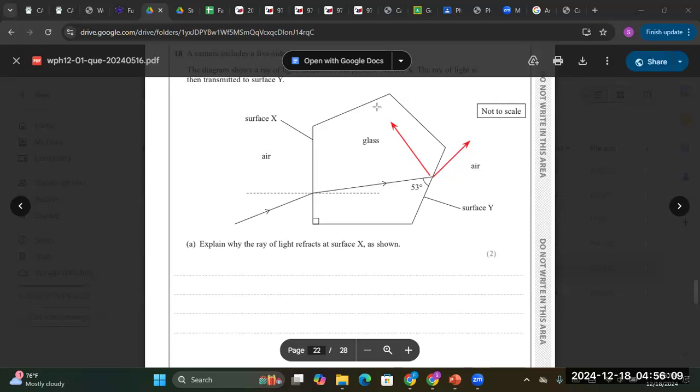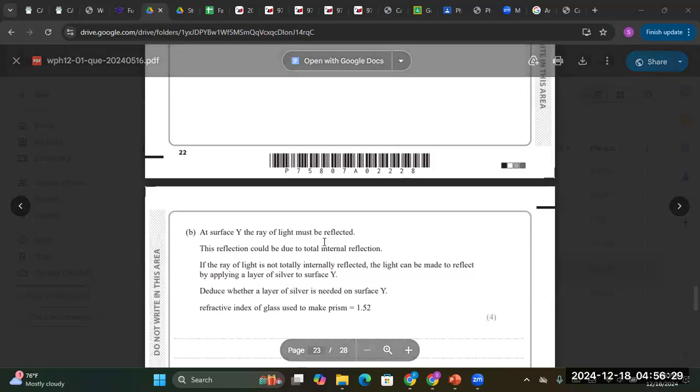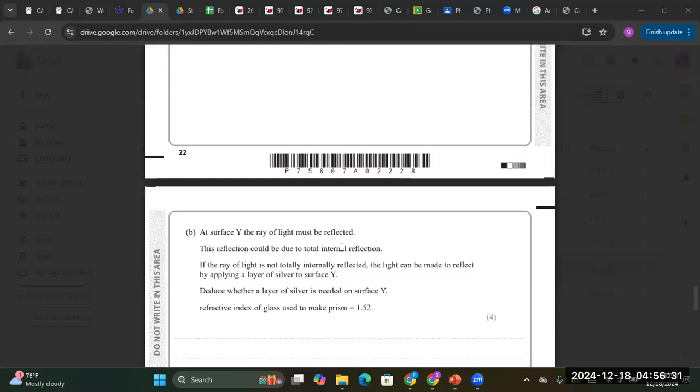Yes, total internal reflection. So that is what is basically happening over here. So the question is about total internal reflection. Basically they're saying that at surface Y, the ray of light must be reflected. This reflection could be due to total internal reflection.